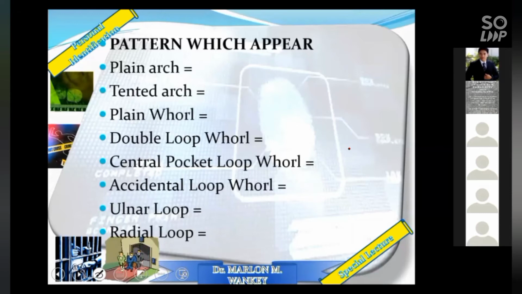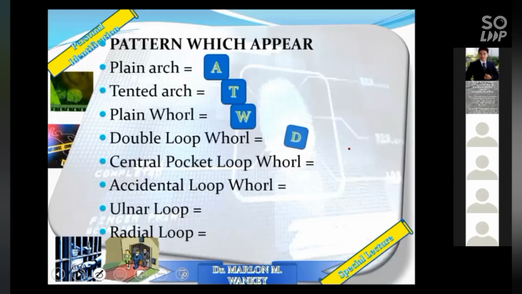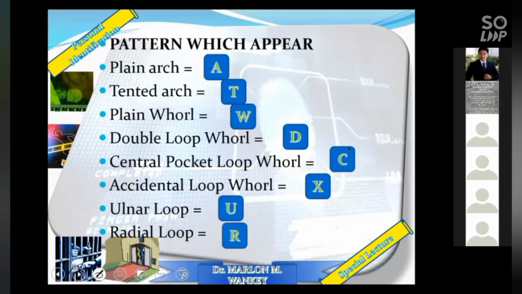Plain arch, it is A. Tented arch is T. Plain arch is W. Double loop whorl is D. Central pocket loop whorl is C. Accidental loop whorl is X. Ulnar loop is U. Radial loop is R. Okay? Remember all these symbols so that you will not be confused.